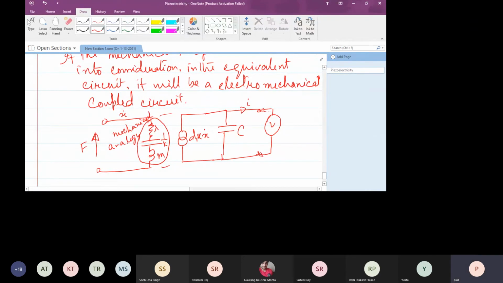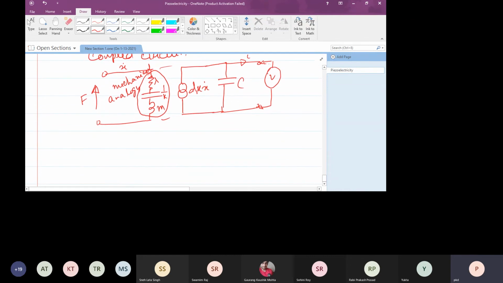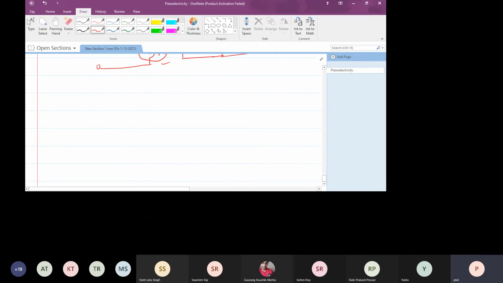In the same fashion, the transmitter would be just the opposite.